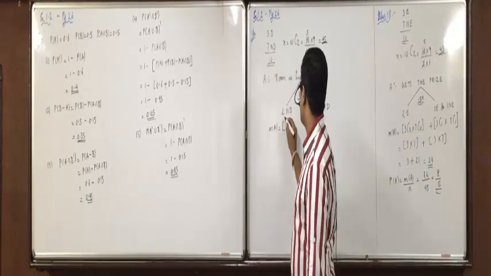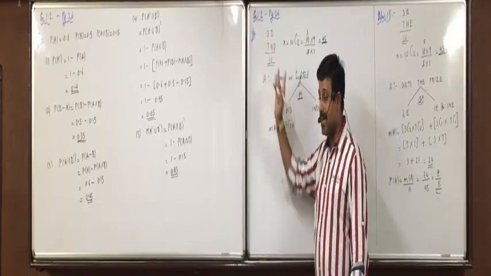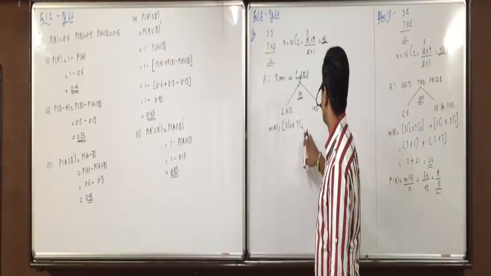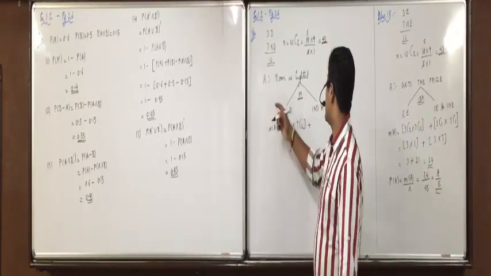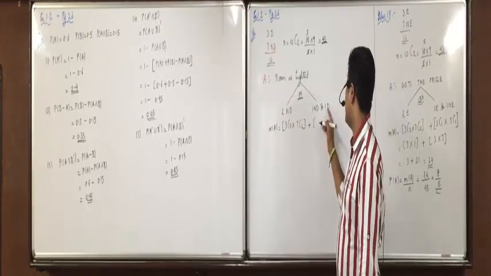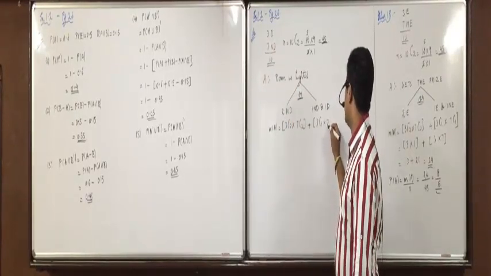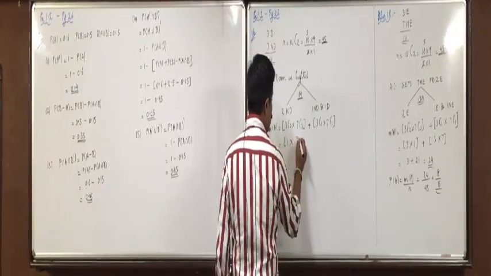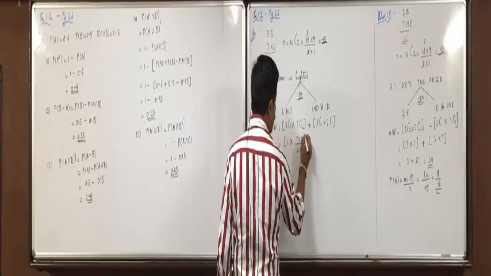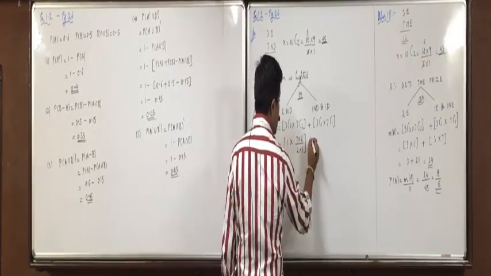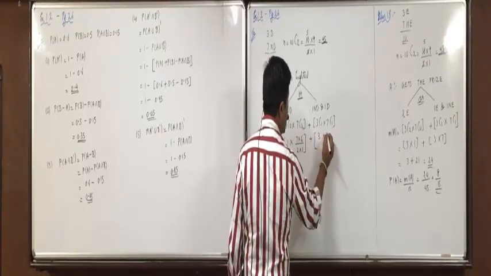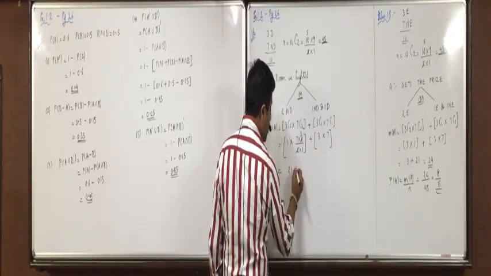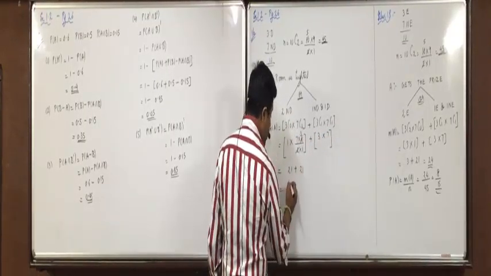Both are non-defective means 3C0, none of the defective are selected. Both are selected from non-defective, 7C2, plus, or means plus, one non-defective 7C1 and one defective 3C1. 3C1 into 7C1. 3C0 is 1. 7C2, 7 into 6 upon 2 into 1, plus 3C1 is 3, 7C1 is 7. 7 into 3 is 21, plus again 3 into 7 is 21, so 42.